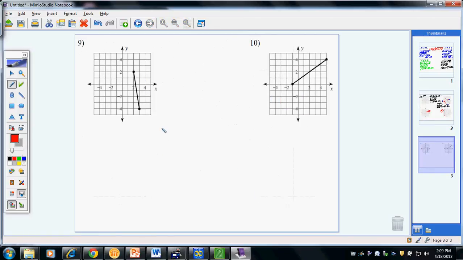Alright, last ones. Let's go ahead and get a little bit more practice with the distance formula. So the ordered pair for this is 2, 2. X is 2, y is 2. The ordered pair for this is x is 3, y is -4.